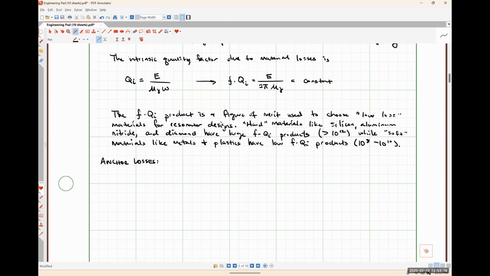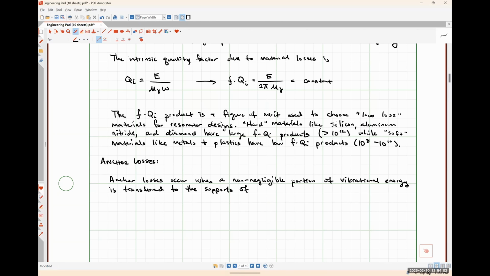So anchor losses occur when a non-negligible portion of vibrational energy is transferred to the supports of a microstructure.